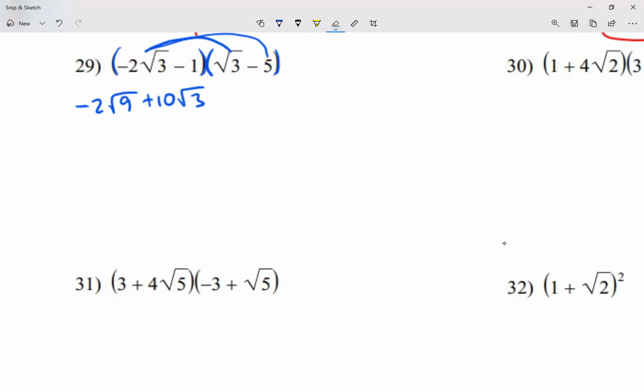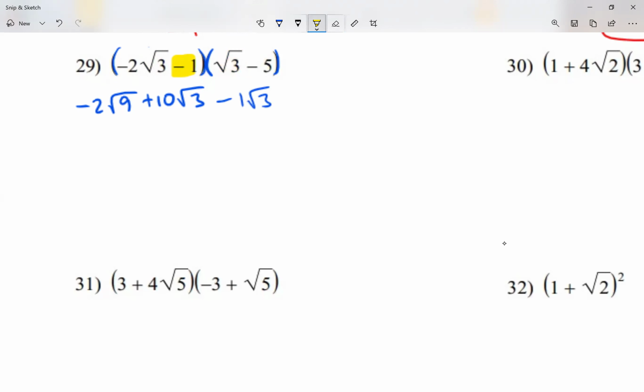Okay, so now I'm going to distribute this negative 1. So negative 1 times radical 3 will give me negative 1 radical 3. Whole numbers multiply with whole numbers, radicals with radicals. Do not mix them.